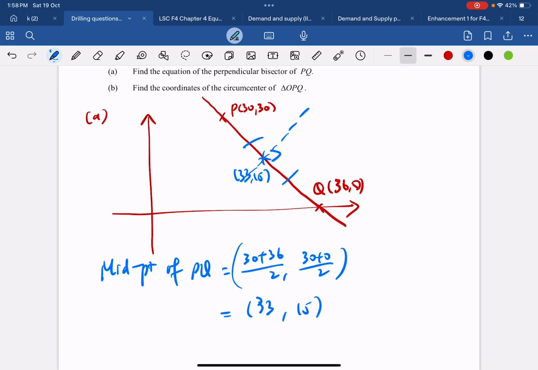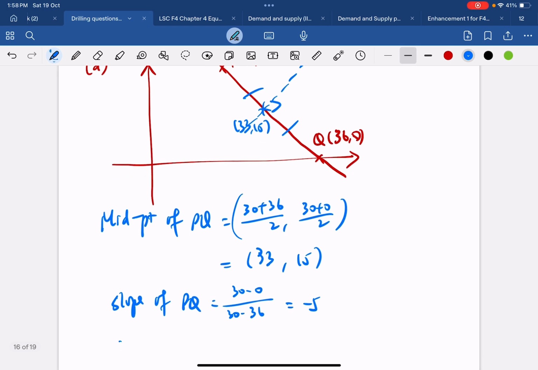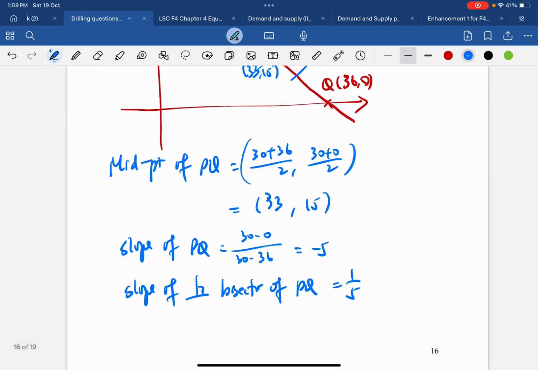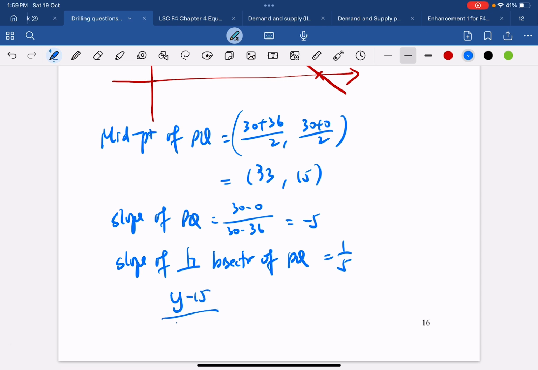So again, what's the slope of the blue line? We need to find the slope of PQ first. It should be -5, which means the slope of the perpendicular bisector of PQ would be 1/5. So use point slope form. y minus 15 over x minus 33 is 1/5.